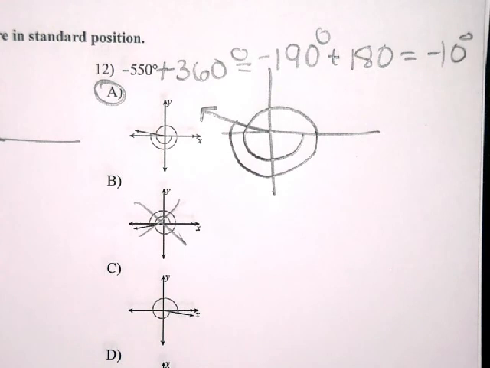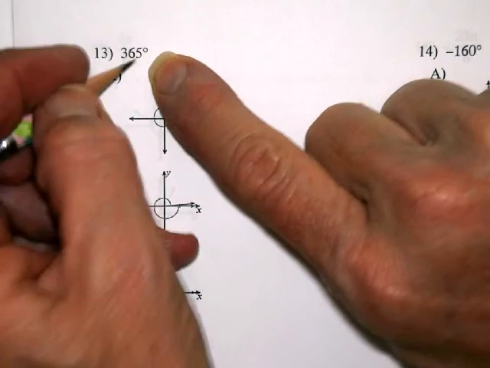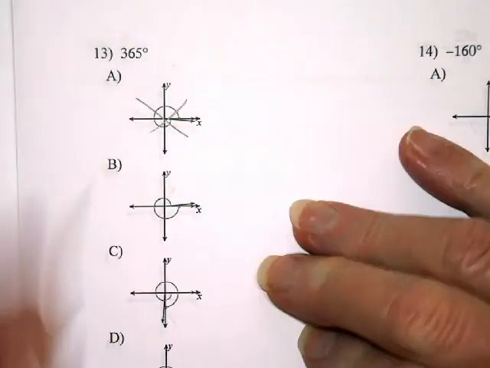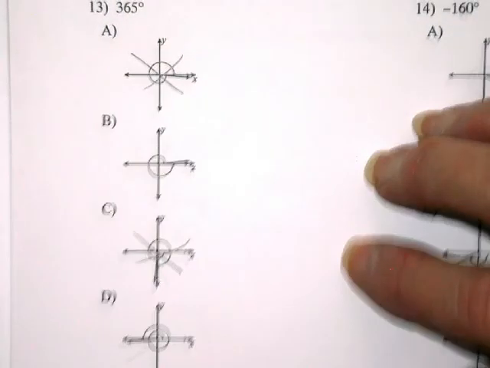Ooh, I can't see my map, sorry. Okay. 365 degrees is a positive angle, so it'll go over.